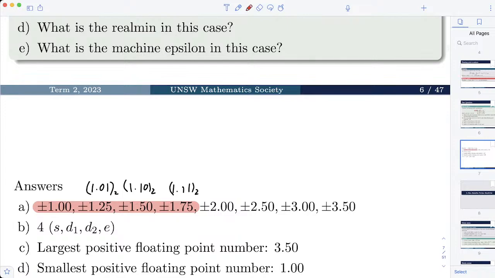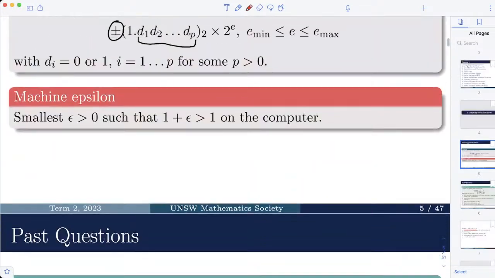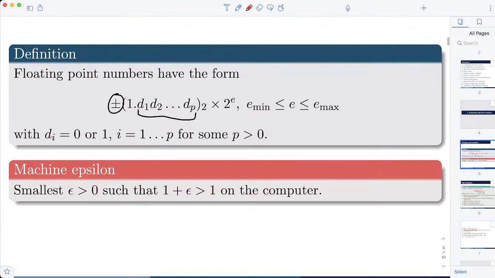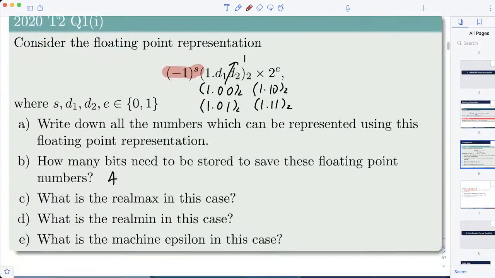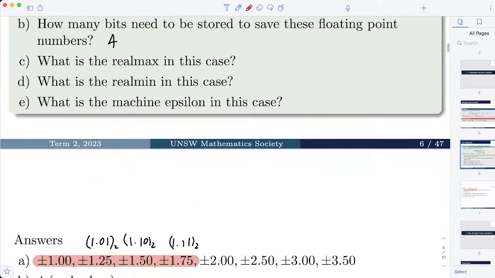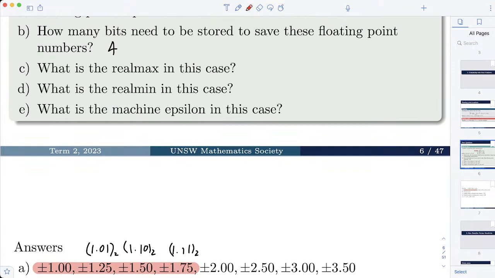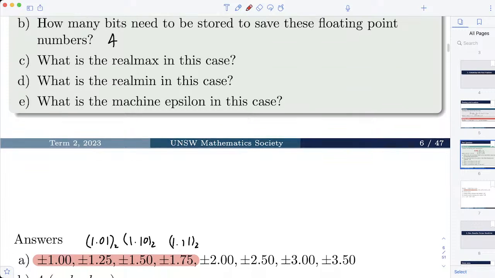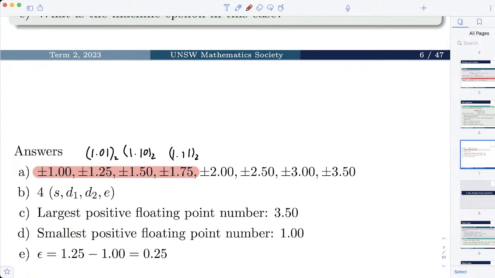And machine epsilon is the value such that 1 plus that value is greater than 1. So if we have a look at this list over here, to get from 1 to the next largest value, we need to add 0.25, right? If we add anything less than that, it's still going to be 1 in the machine. So our epsilon is just 0.25.